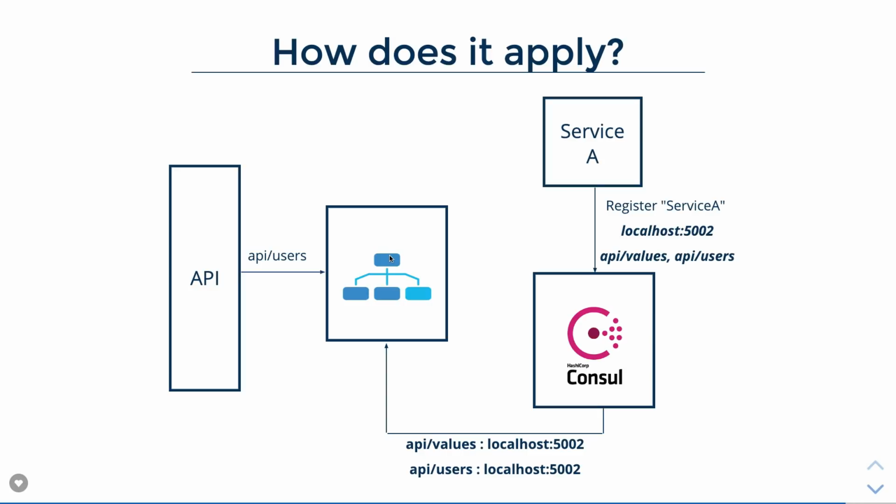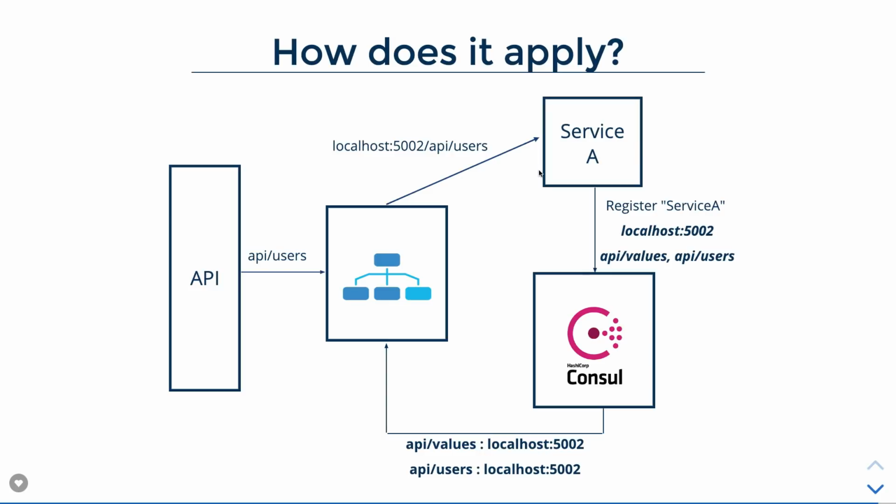So then, if we do an API call, we will always do the API call to the Fabio, as our load balancer. So Fabio is available under port 9999, I think. Correct. I would say that technically we could hard code this, because this will never change. So we'll do something like localhost 9999 API users, and then Fabio, using this routing table, would say, okay, you want to fetch some data from the API users.